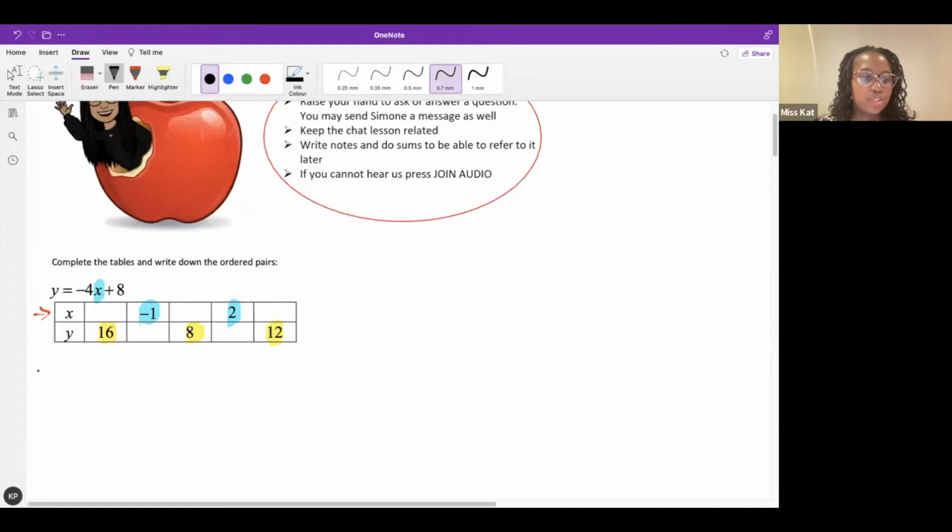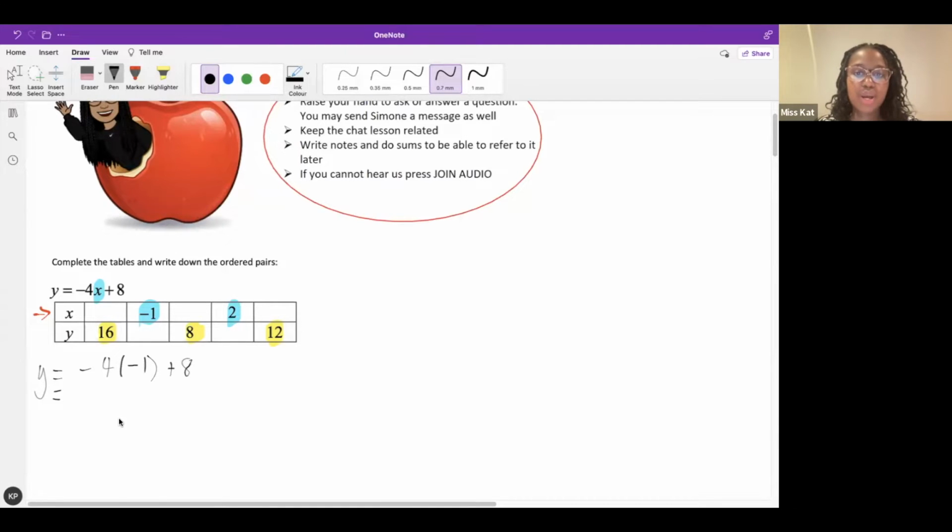Now let's substitute. First one says Y equals -4 X plus 8. Now instead of X, what am I going to substitute? -1, thank you. Plus 8. What's -4 multiplied by -1? A negative and a negative give you a positive.